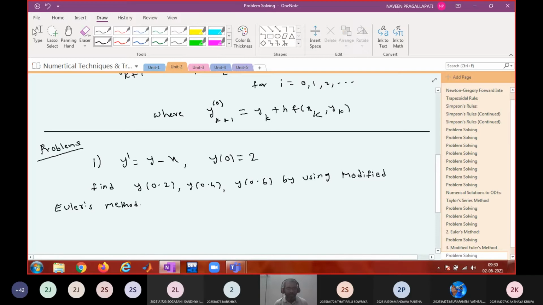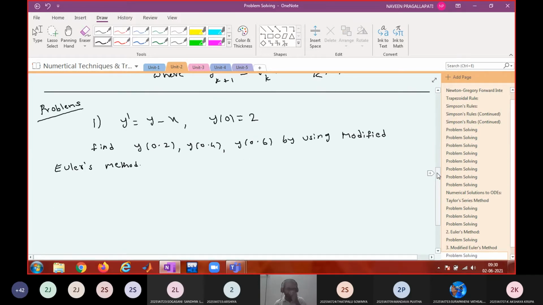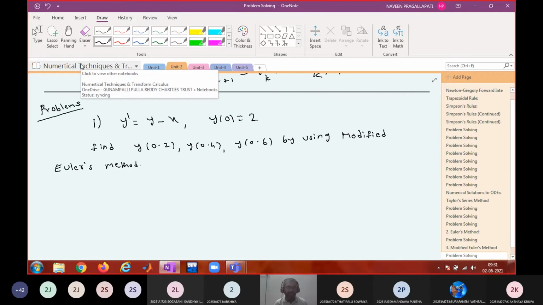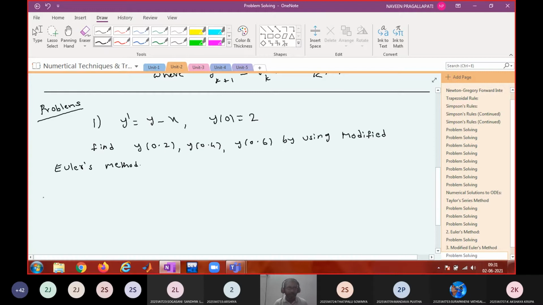Okay. I think I gave this as homework, if I remember, for Euler's method. So we know modified Euler's method is a multi-step method. What is given? Always start with whatever is given in the problem. So y dash is equal to y minus x with y of 0 equal to 2.